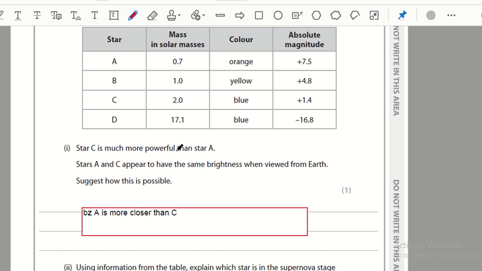This is because A is closer than C. If we look here, we will find that C is more massive than A, so we should expect C to be brighter than A, but this is only if both of them were at the same distance from Earth. But as A is closer than C, it appears brighter.